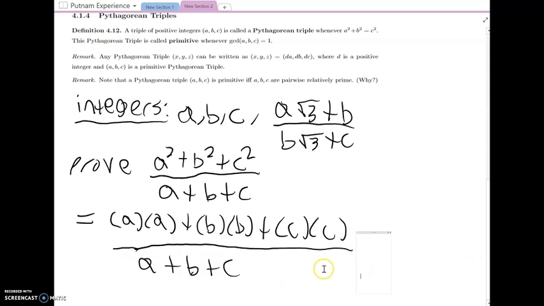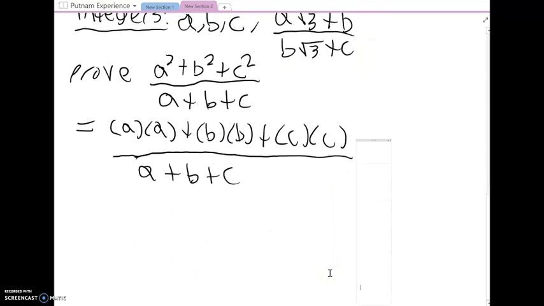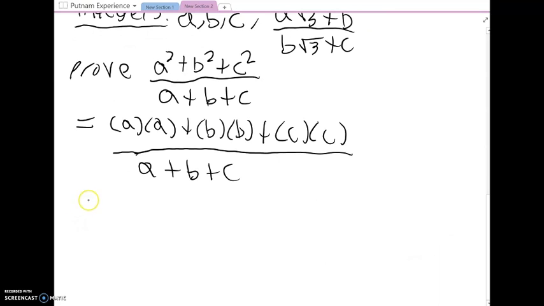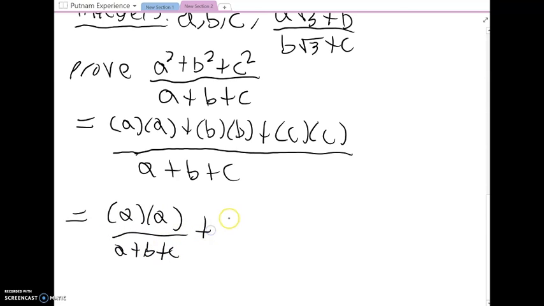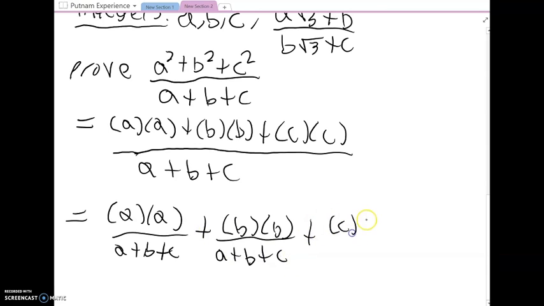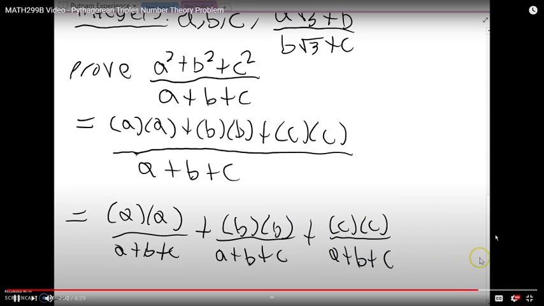And then I think you can simplify this more. This could look like a times a over a plus b plus c, plus b times b over a plus b plus c, plus c times c over a plus b plus c.